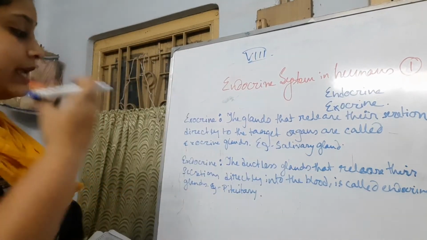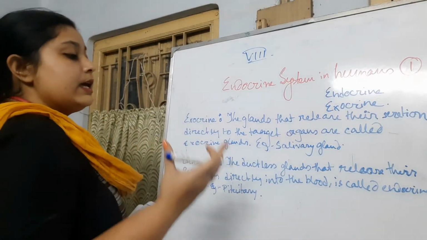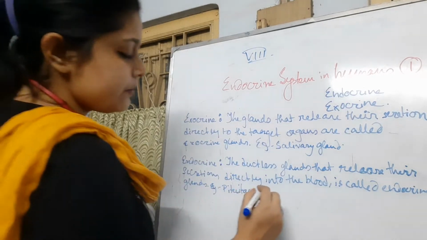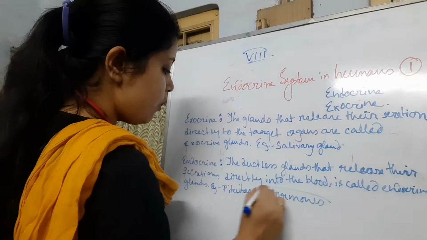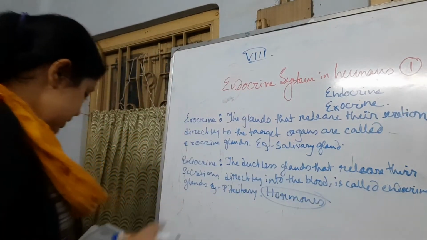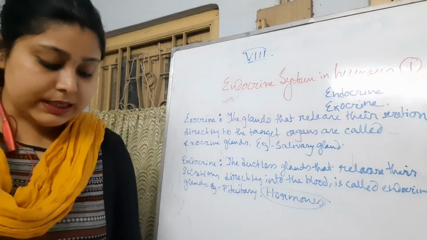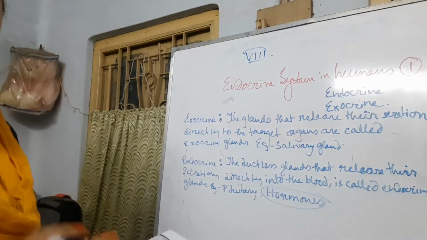The secretions of endocrine glands, the juices that are secreted directly into the blood, are called hormones. Hormones are chemical substances that regulate the growth and functioning of a specific organ or tissue.